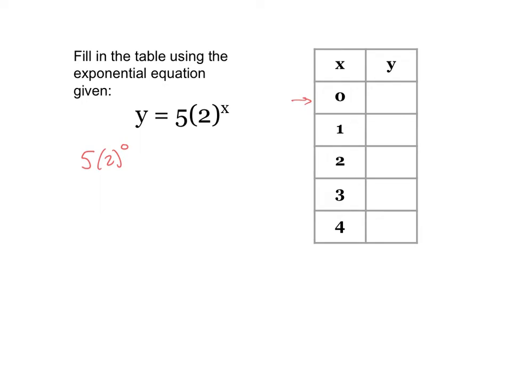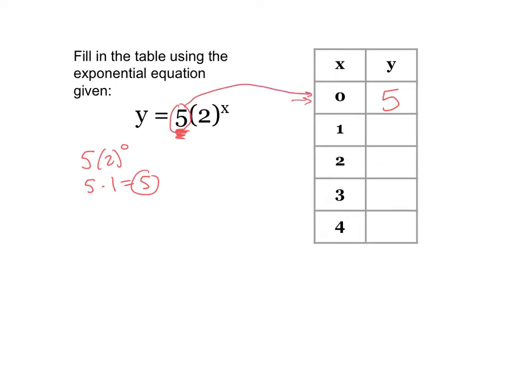In fact, anything to the 0 power is just 1. So this would end up being 5 times 1, which is 5. So in the table, that value would be a 5. Now, also, you can just think of the equation and realize that the number outside parentheses is the y-intercept. Okay, so if you have the equation, it's pretty easy to jump to the y-intercept value.